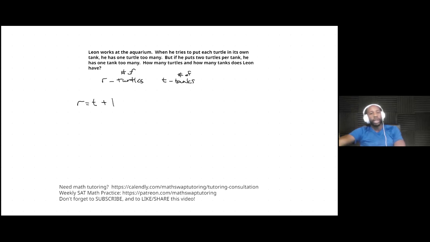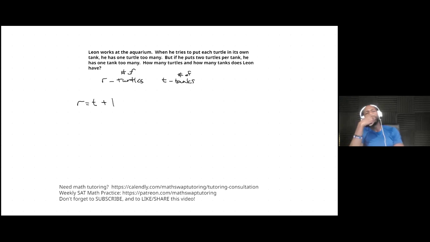Okay. Now it says, but if he puts two turtles per tank, he has one tank too many. So that means he has an extra tank. Oh, hold on.